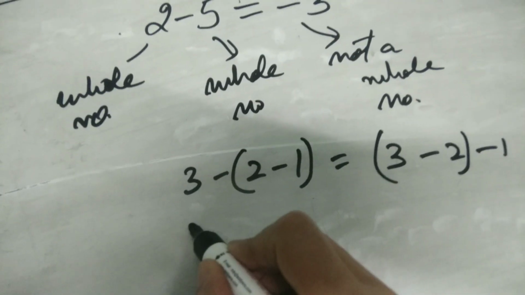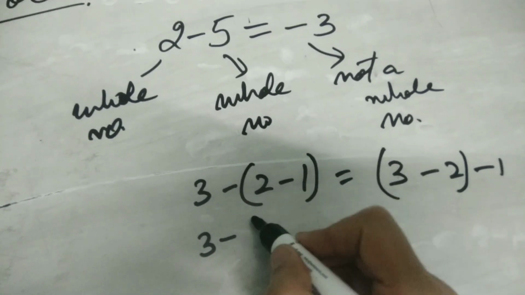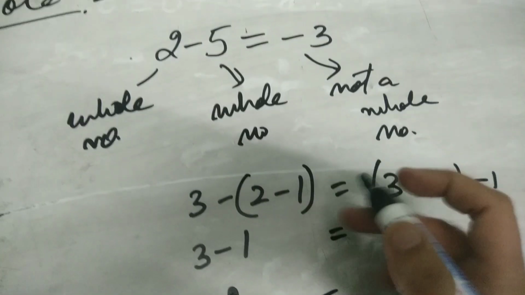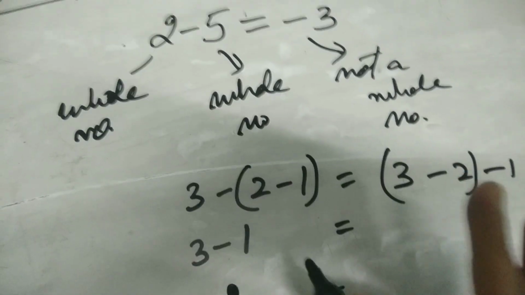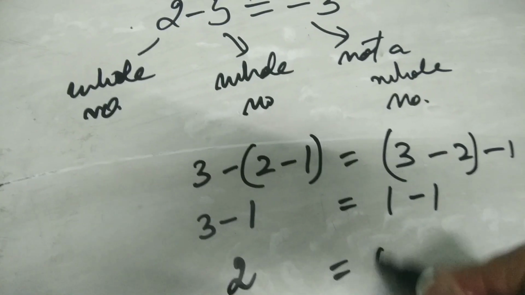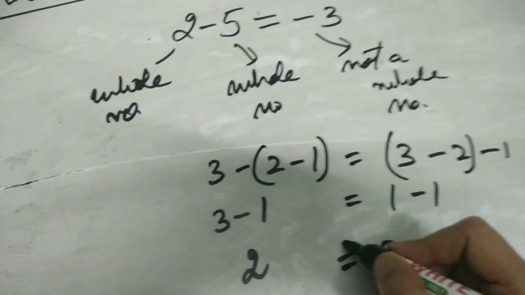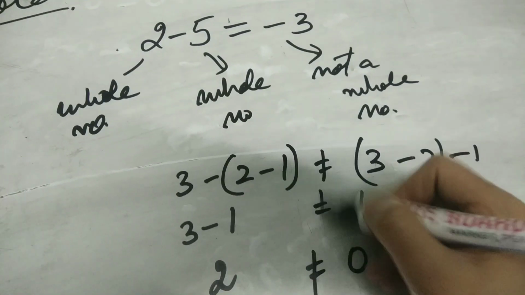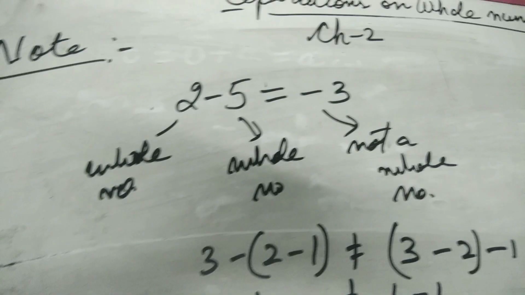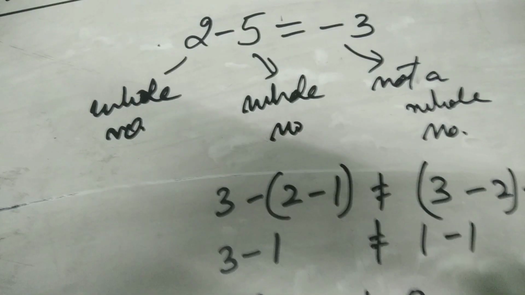Let's solve it. 3 minus, subtract the 2, we get 1. So 3 minus 1 is 2. First let's check the other way. 3 minus 2 is 1, minus 1, 0. So you can say 2 is not equal to 0. So this means subtraction of whole numbers is neither commutative nor associative. This is what we have checked for the associative law.